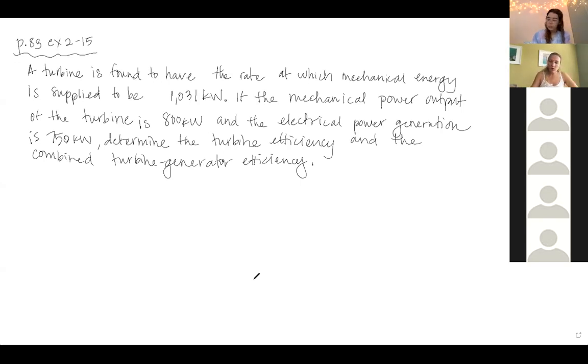All right, so for the efficiency of the turbine, we're going to be doing our output over input.